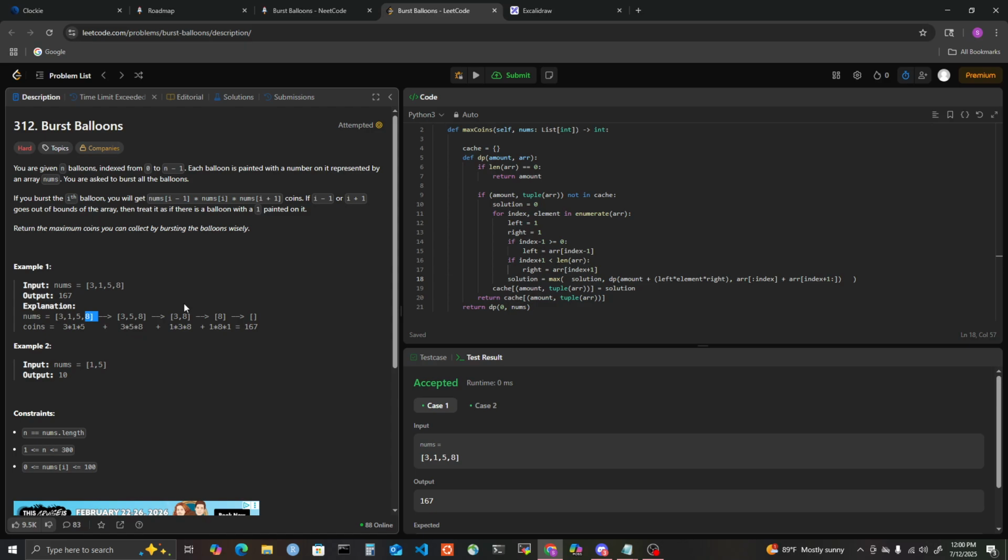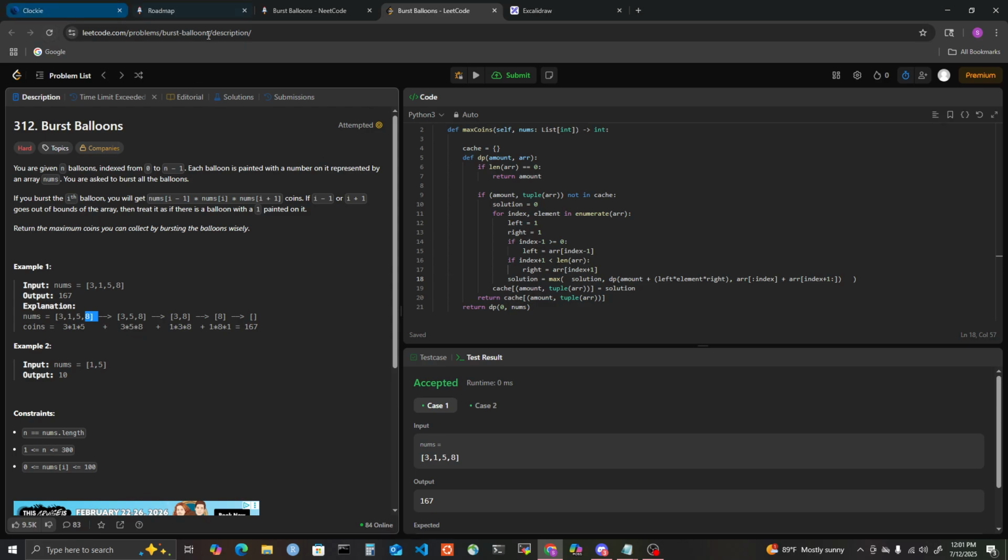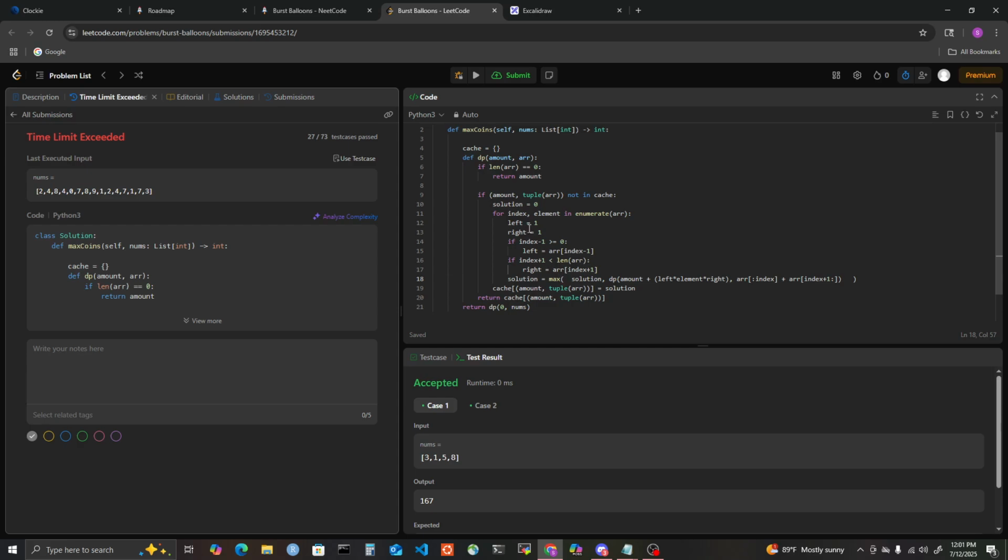So are we multiplying the two subarrays? Yeah, I'm confused as hell as to what's going on there.